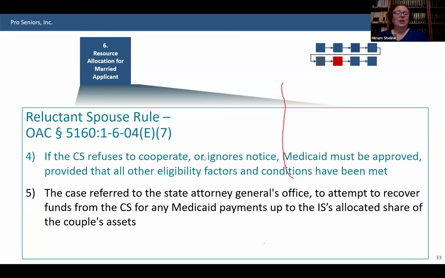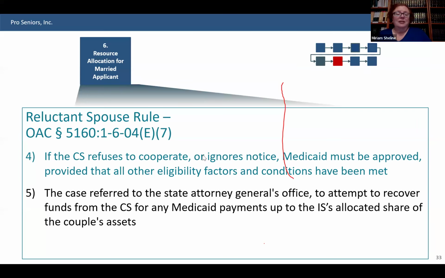So just like what we talked about with physical or mental impairment, if the Medicaid applicant has done everything they can to get access to these assets and has provided their information, you cannot prevent them from getting Medicaid because a third party, in this case the community spouse, is not cooperative.